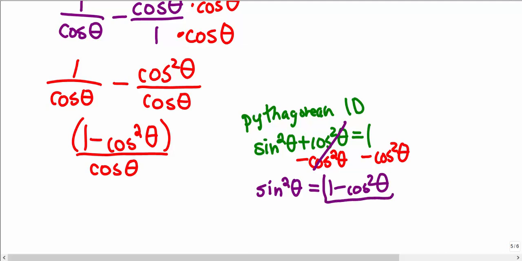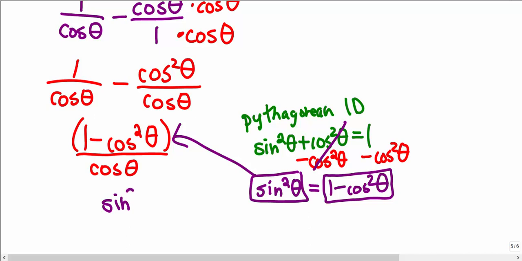So if this is equivalent to sine squared theta, then I'm going to replace 1 minus cosine squared theta in my fraction with sine squared theta over cosine theta. So we can do that replacement. It actually makes my fraction look a lot simpler than it did before.